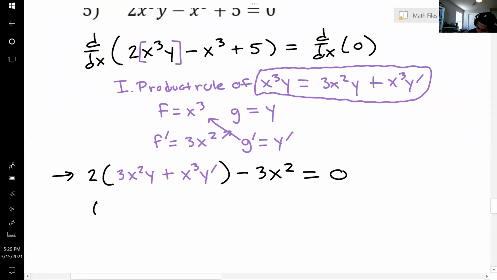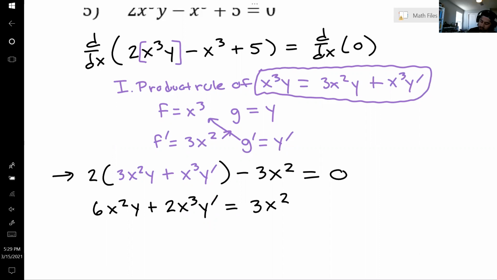So we should get 6x squared y plus 2x cubed y prime. I'm going to move that 3x squared over already. So you'll get equal to 3x squared.